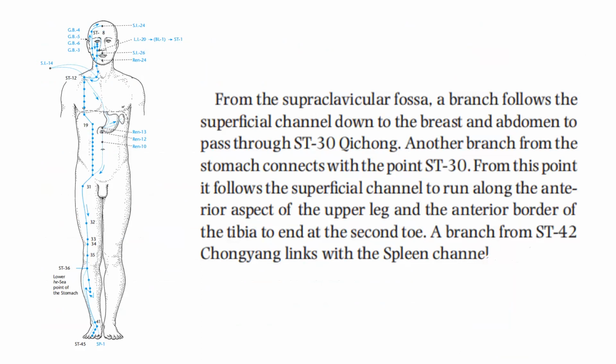Another branch from the stomach connects with the point Stomach 30. From this point, it follows the superficial channel to run along the anterior aspect of the upper leg and the anterior border of the tibia to end at the second toe. A branch from Stomach 42 links with the spleen channel.